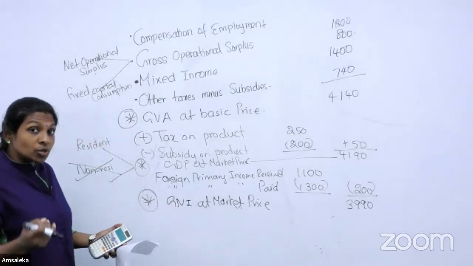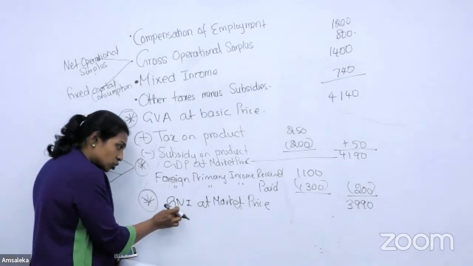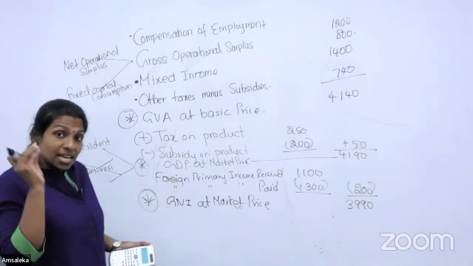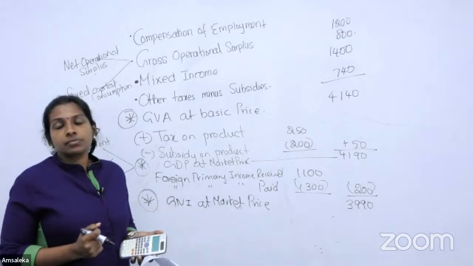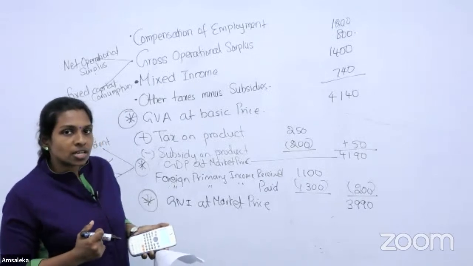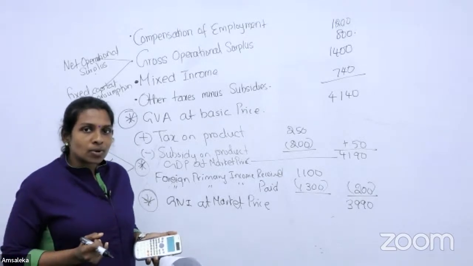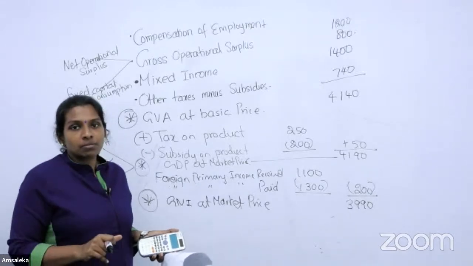But in order to give you a clear picture, what is gross national income? What we really earned from action. Something we can receive as money from donations. That is secondary income.